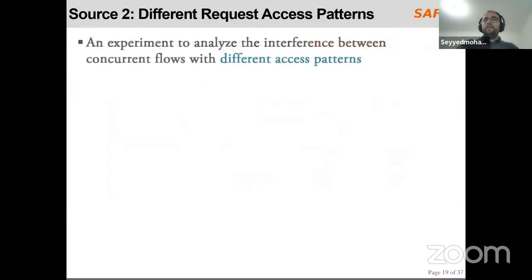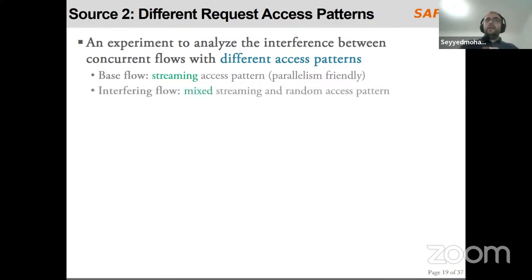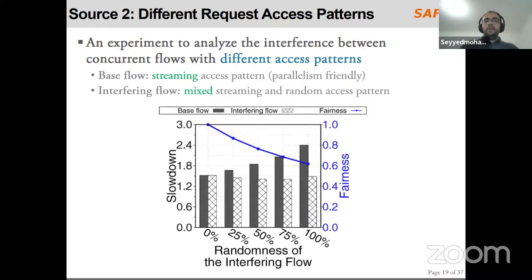To elaborate more on this, we also did an experiment. We have two flows: the base flow, which has a streaming access pattern that is friendly for parallelism, and an interfering flow for which we mix streaming and random access patterns. We increase the randomness of the interfering flow from 0% to 100%, which means completely random. In these plots, we show the slowdown for the base flow, the interfering flow, and fairness.